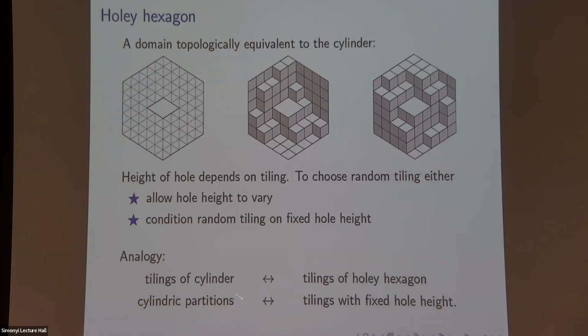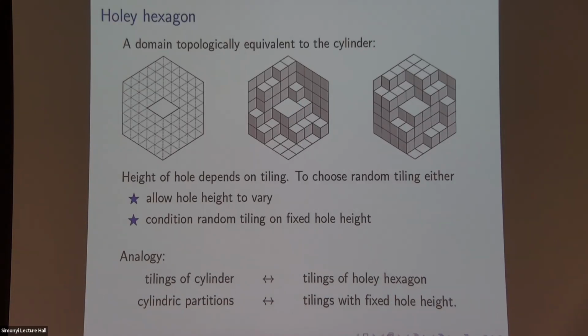And if we focus on cylindric partitions only, recall that for the boundary conditions of the height function, it corresponds to forcing the vertical shift to be 0, which is very much the same as saying that the height function on the inner boundary is also fixed. So cylindric partitions correspond to the tilings with a fixed height function on a hole.